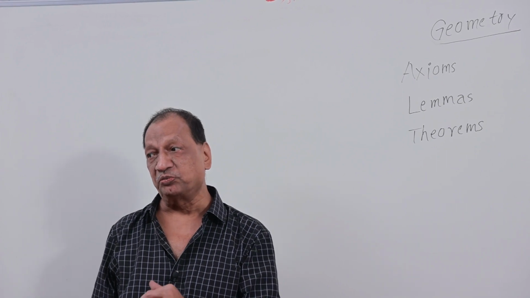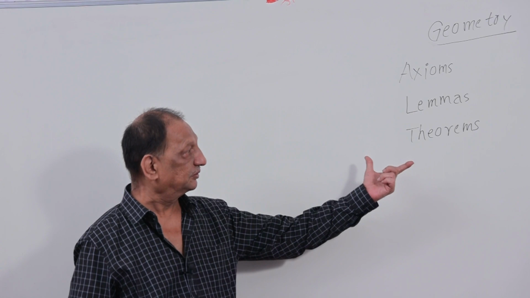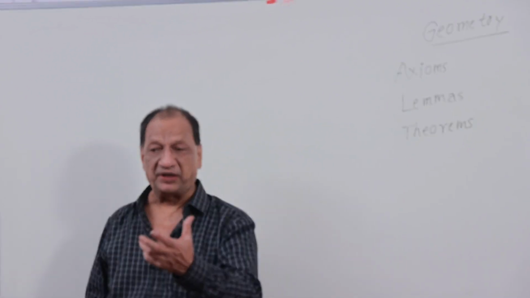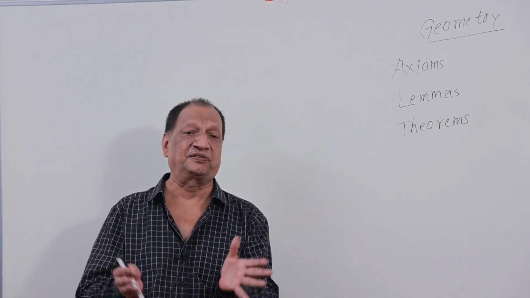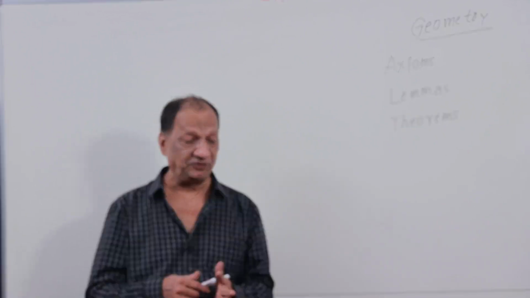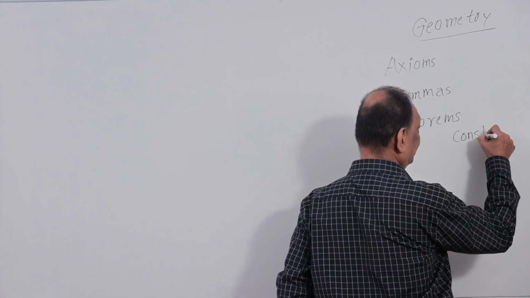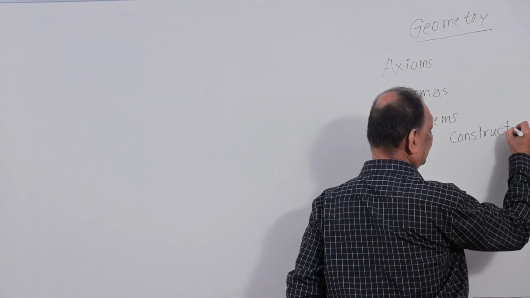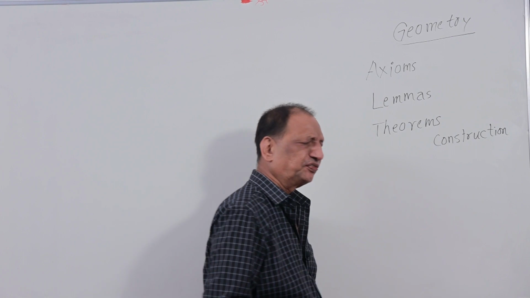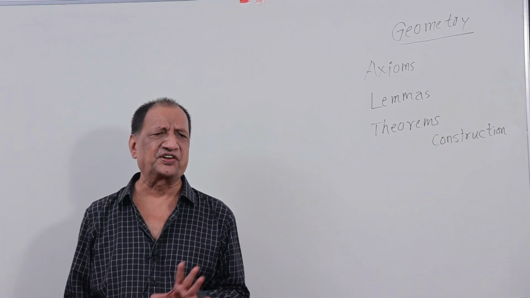But when we have to provide a proof for the theorem, many times what is there as a picture for the theorem is not enough. We need to add some further details into the picture. What are called constructions. In fact, most of the geometric theorems require some sort of construction.